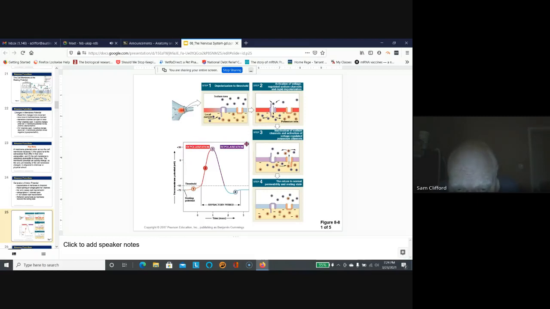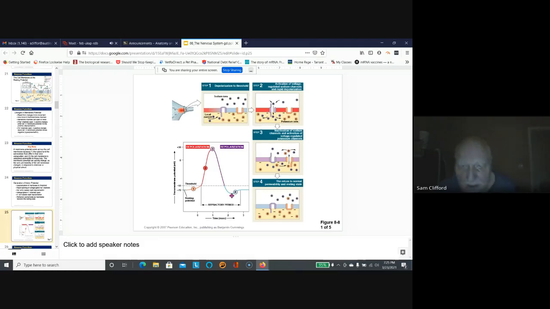Then step 3, the sodium channel has closed, and the potassium channel is open. Potassium leaves the cell as positive charge leaves the cell. We have a return to the more negative voltage because as positive charge leaves, the inside of the cell becomes more negative, and then all the channels are now closed again, and that causes hyperpolarization, where hyper is slightly below the minus 70.